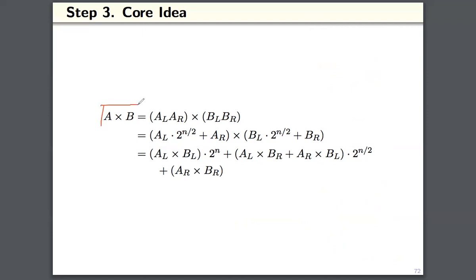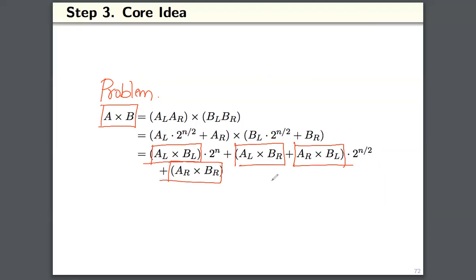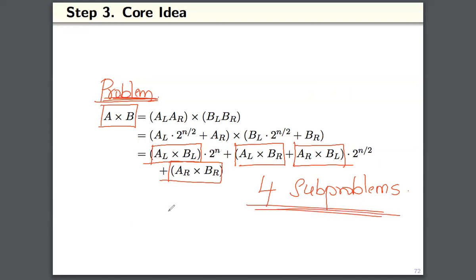Now let's see. So this was our problem. What did we get? We got one multiplication here, another multiplication here, a third multiplication here, a fourth multiplication here. So all these are 4 subproblems. Now we have successfully divided the problem into 4 subproblems. And how do we solve these subproblems?